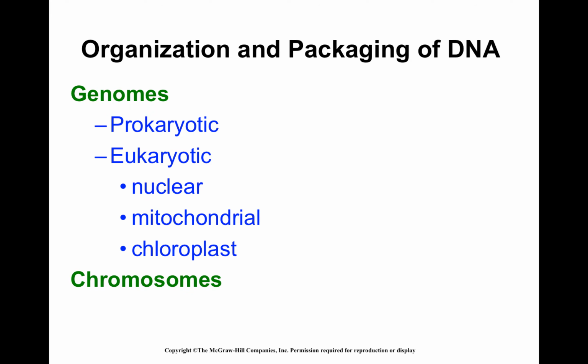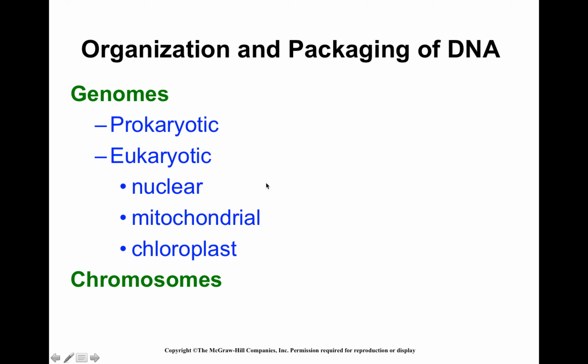Now, chromosomes are the small packets of DNA that make up the genome. As I said before, prokaryotes typically have a single chromosome, whereas eukaryotes have multiple chromosomes. Their genomes are divided into multiple chromosomes in the nucleus. However, mitochondria and chloroplasts are more like prokaryotes, and we'll talk about that at a future point.